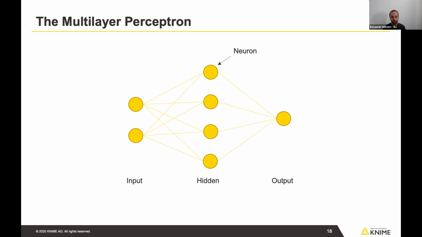Then you can have multiple hidden layers if you want to compute features on the features again, and to compute higher level features. And at some point, you have the output layer, which is connected to the last hidden layer, and then computes the output from these features. Also, your output layer can have multiple neurons if you have a high dimensional output.